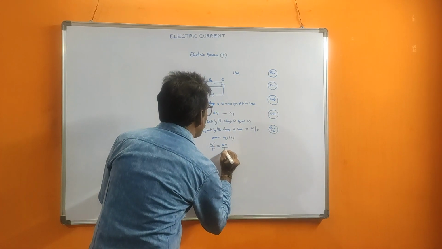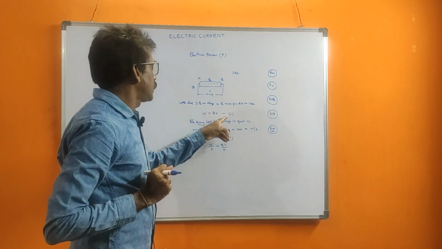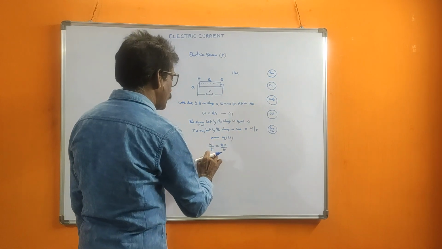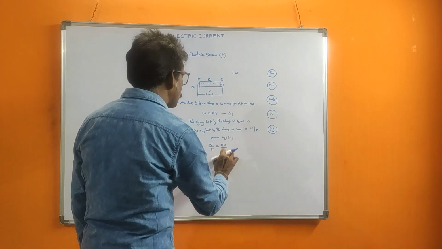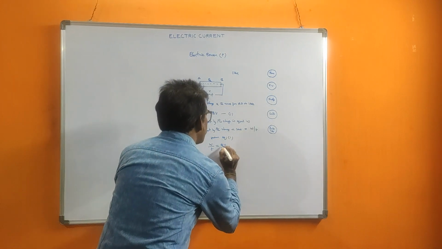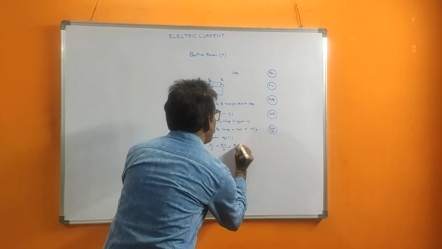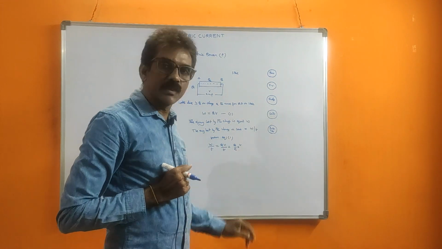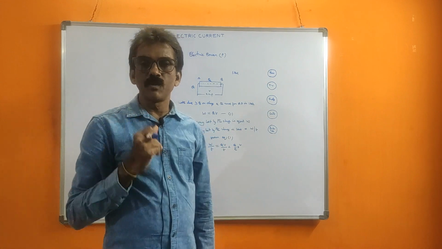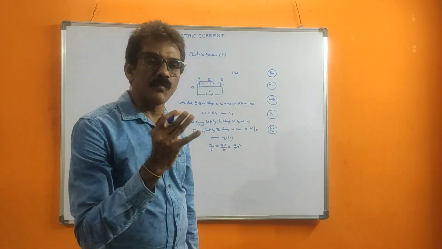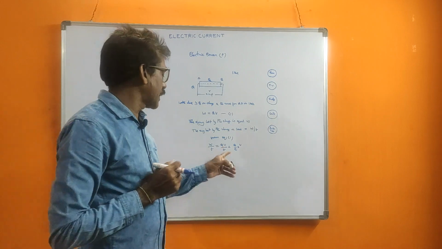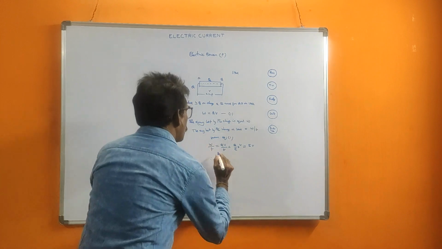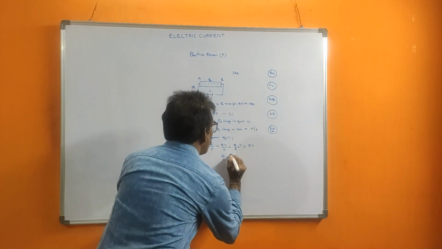We can write this as Q by T into V. Q by T means what? Charge per second. We already know the charge passed per second in any conductor is called current. So this is equal to current I. Therefore W by T is equal to I into V.